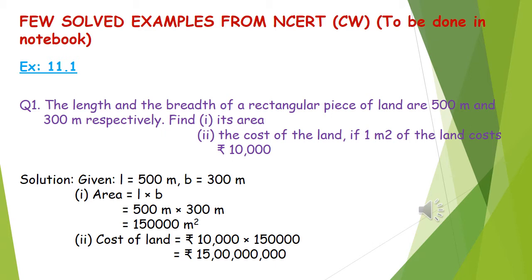Now, whenever we are given 500 meter and 300 meter, as we discussed earlier, the longer side is always known as length, denoted by the letter L, and the shorter side is known as breadth, denoted by the letter B. After we identify L and B, we will use the formula of area: area is equal to L into B. That means 500 meter into 300 meter, and when we get the product, it comes out to 150000 meter square.